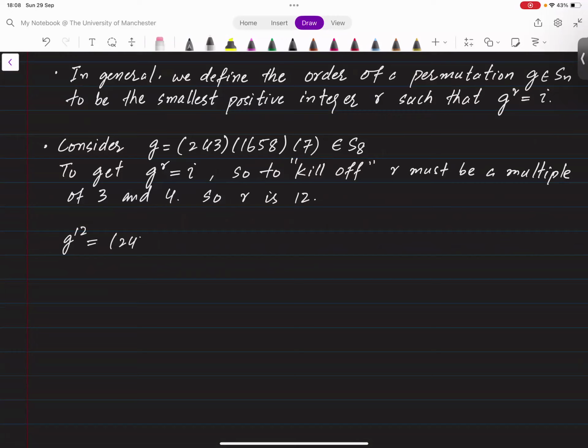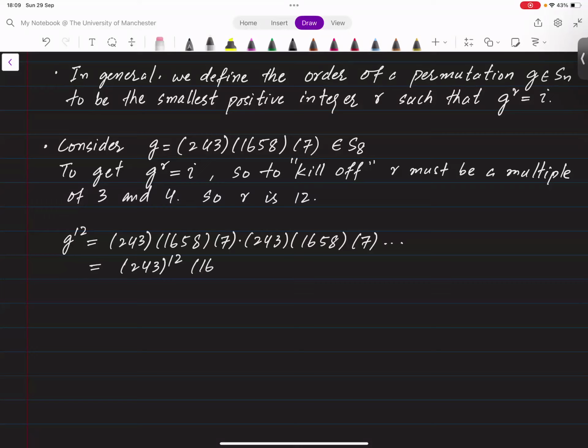That means we have to apply G 12 times, and we will get that each cycle raised to the power 12, and 7 power 12, will be I. So it follows that the order of G is 12.